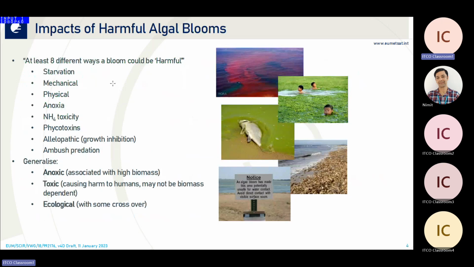Some of the impacts of these HABs: there are about 8 different ways that a bloom can harm.